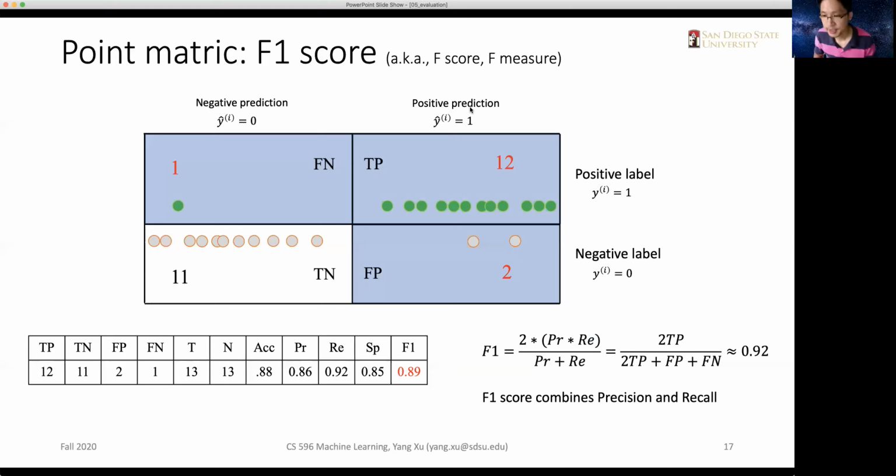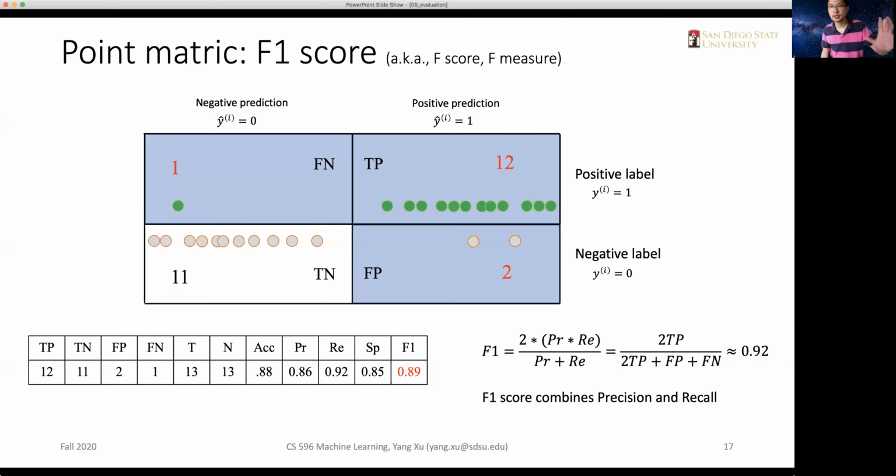So that's the definition of the metrics by splitting all the data points against their predictions, right? All the predictions are in the columns and all the actual labels are by rows. That's the technique of coming up with the so-called confusion matrix.